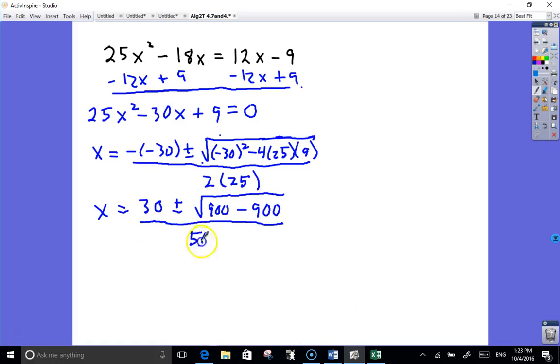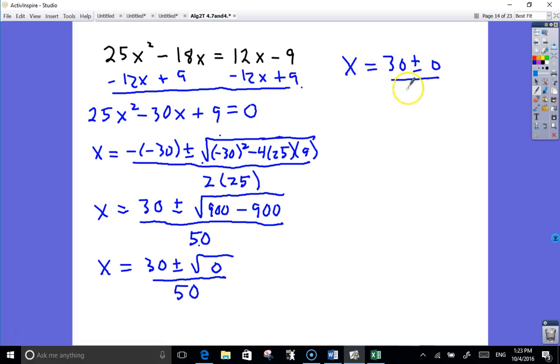Divided by 50. So x equals 30 plus or minus the square root of 0 over 50. What's the square root of 0? It's just 0. So x equals 30 plus or minus 0 over 50. What's the difference if you add or subtract 0? Nothing. You get the same answer, which is 30 over 50, which is 3/5.